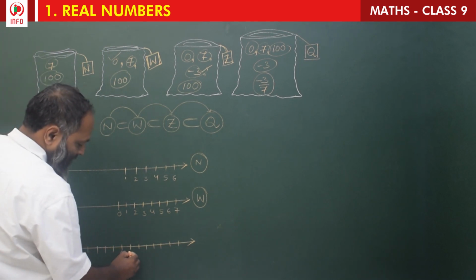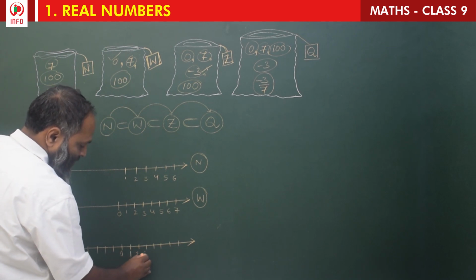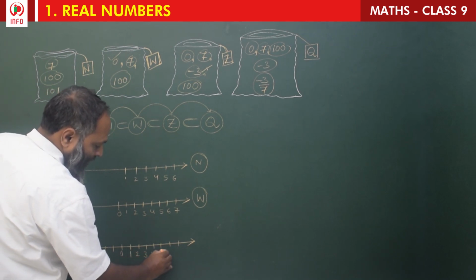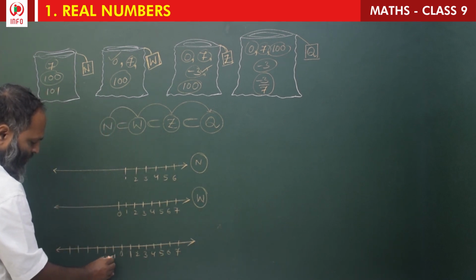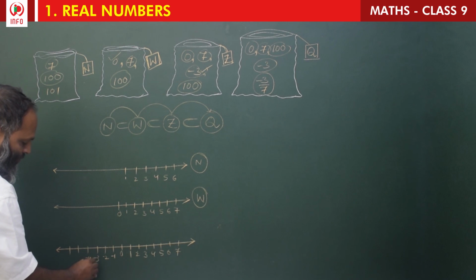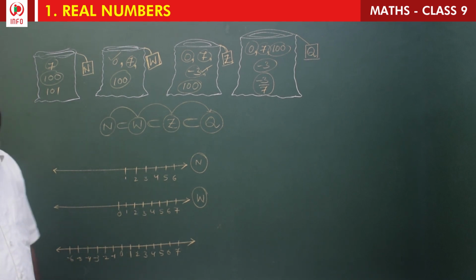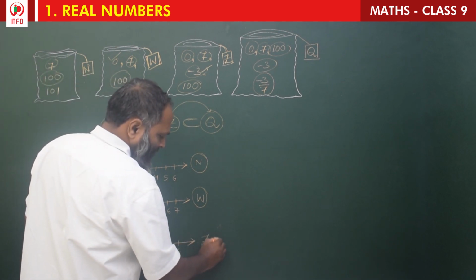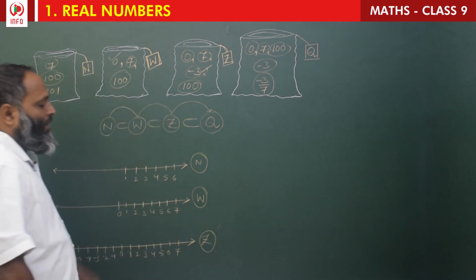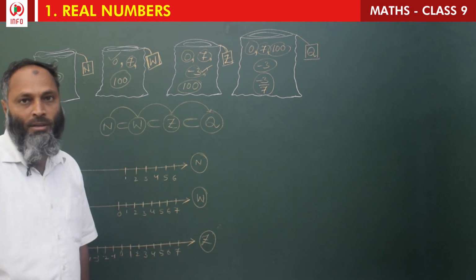So here 0, 1, 2, 3, 4, 5, 6, 7, and here minus 1, minus 2, minus 3, minus 4, minus 5, minus 6. This is the representation of the set of integers on a number line. So, the set of natural numbers, the set of whole numbers, and the set of integers on a number line.